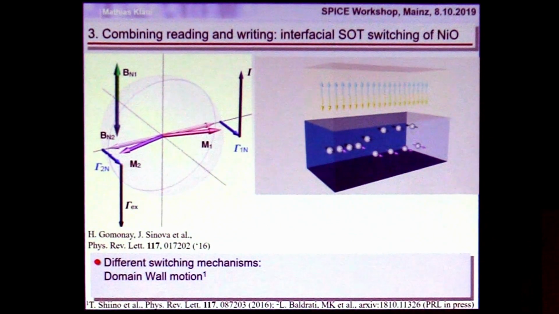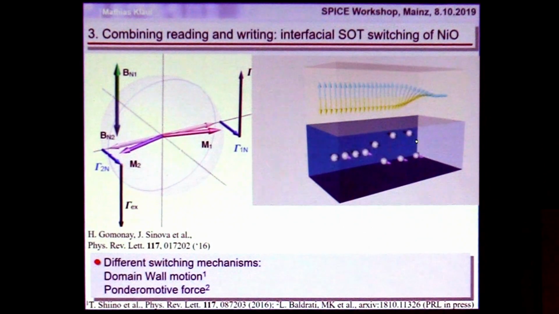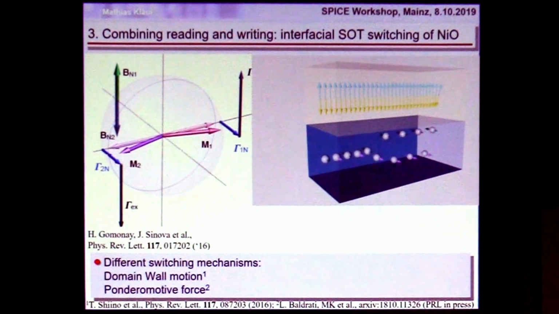So this, in systems without, let's say, Lifshitz invariance or DMI, should not lead to a net redistribution of the domain walls. So there is a second effect, the so-called ponderomotive force. If you're interested, the details are here. It's Helen Gomonay's theory. When we inject in the spin Hall material a current that generates a spin accumulation, then you get a net change of the area covered by domains, because 90-degree domain walls are affected by this. So this is all the theory.